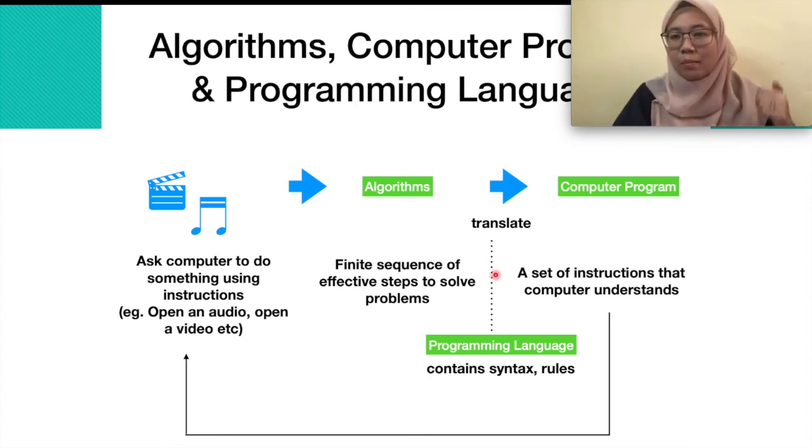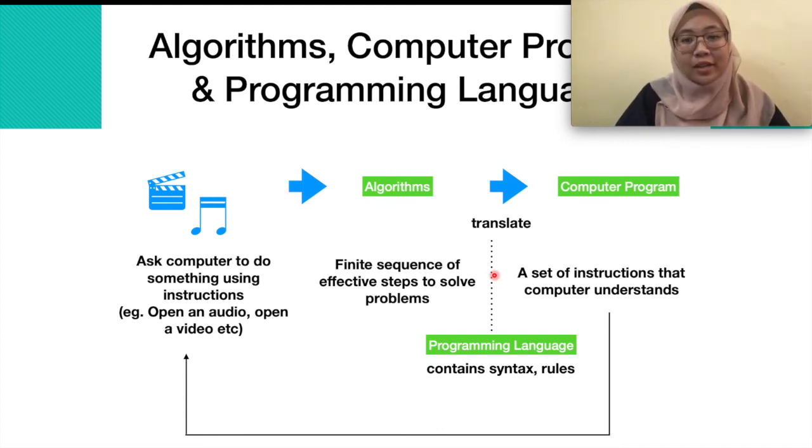Some languages are new, some languages are high level, some languages are not so high level. So we are going to learn to write in one of these languages. A programming language contains some syntax, some rules, because syntax means that there are words that only computers can understand.